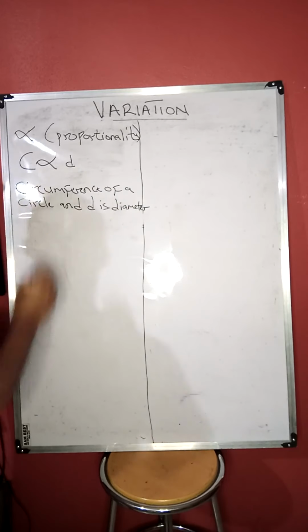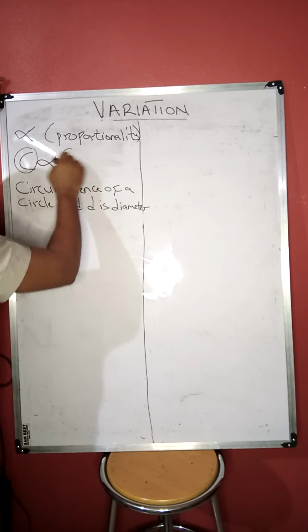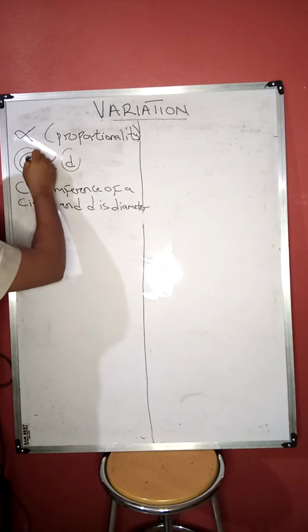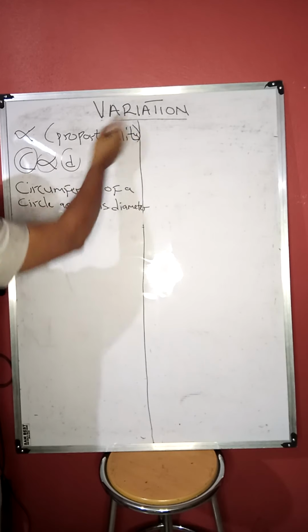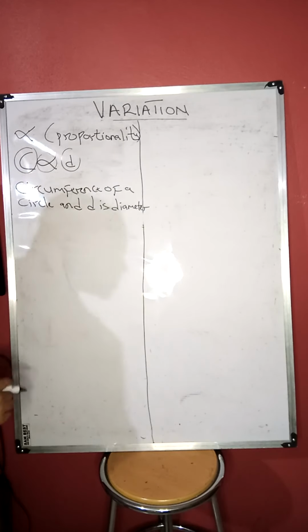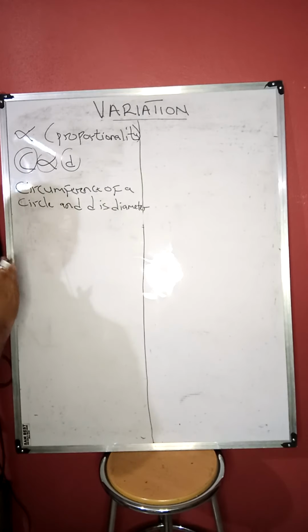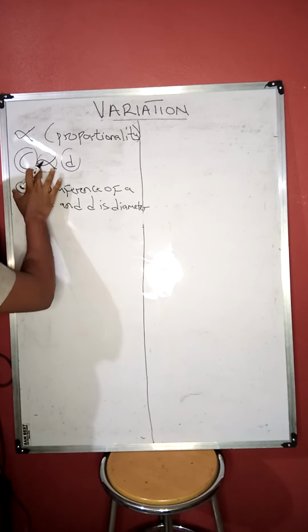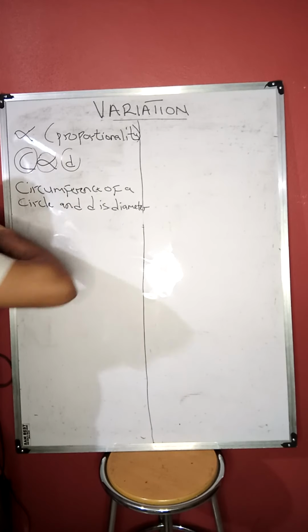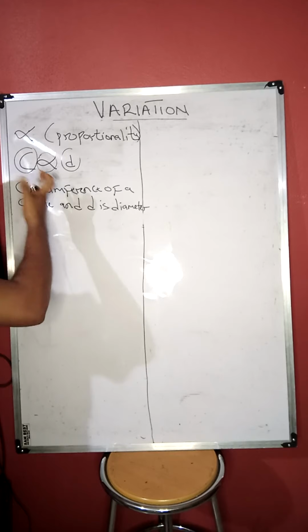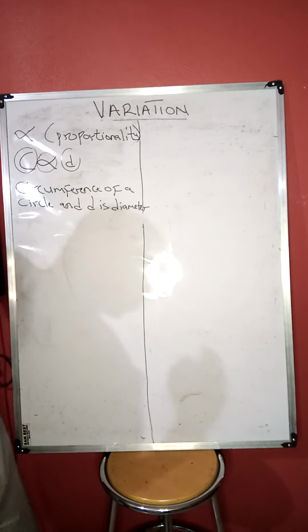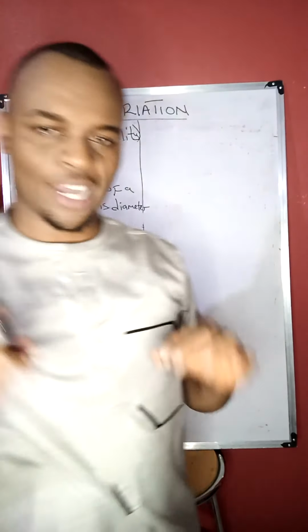Now look at this. This is a variable. This is another variable. This sign in between here is what? The variation or the proportionality sign. When you are solving questions involving variation, the first thing you need to do is remove this proportionality sign. To remove it, you introduce the equality sign and also a constant.